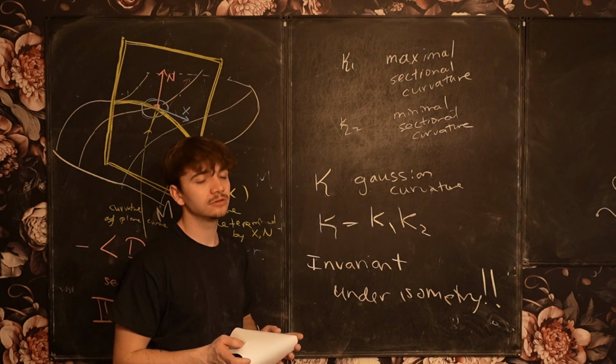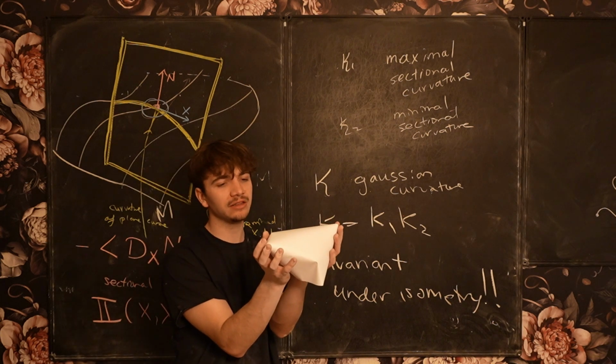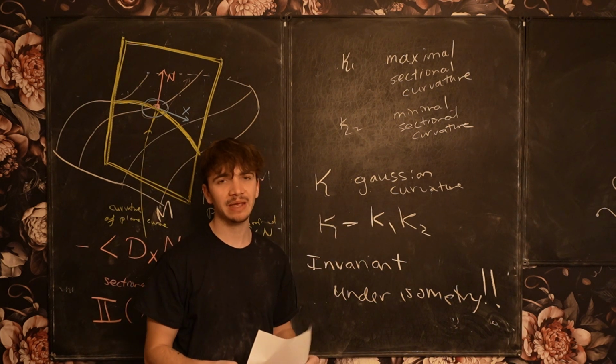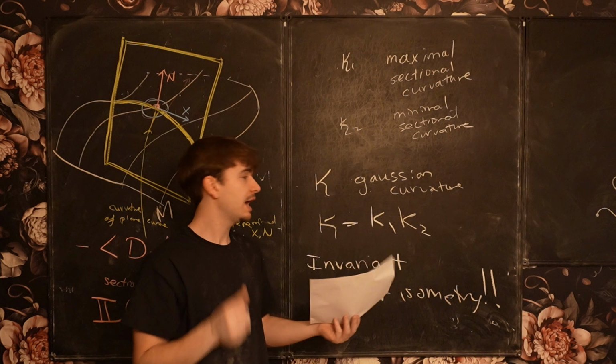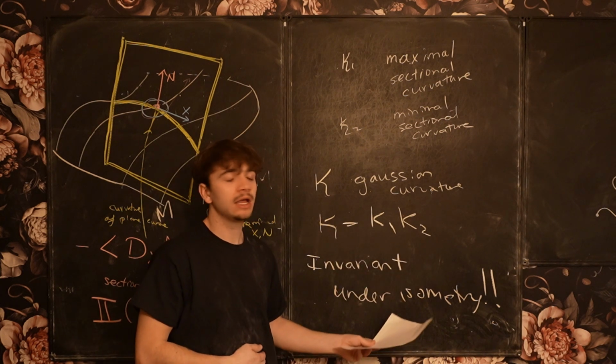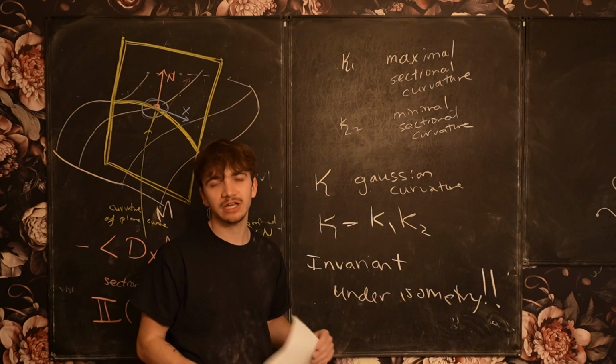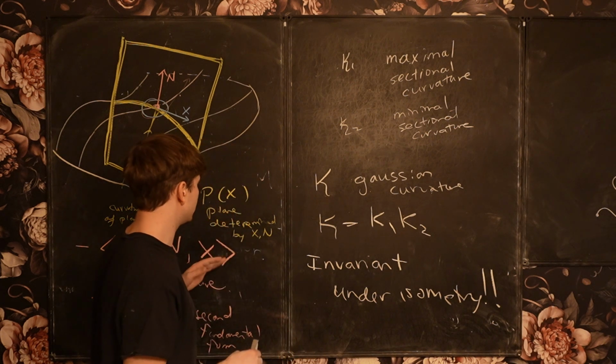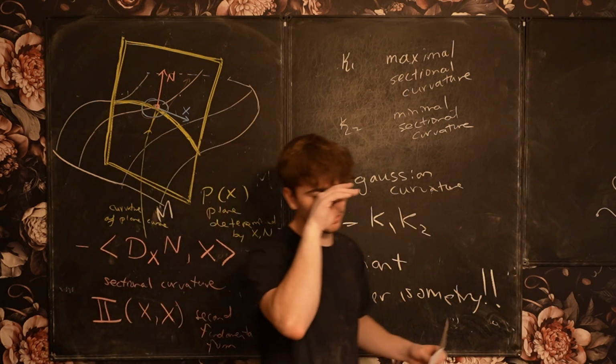It's impossible to bend this piece of paper into a sphere because this piece of paper has Gaussian curvature of 0, and the Gaussian curvature is invariant under isometry. So this is an extremely incredible result.